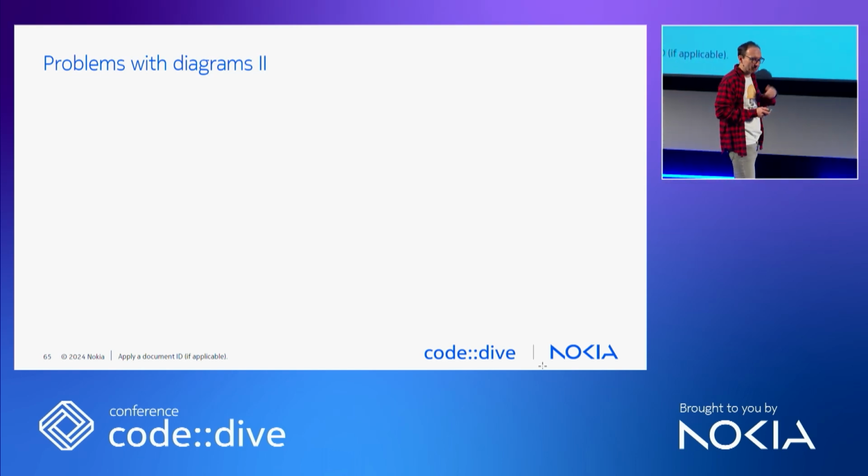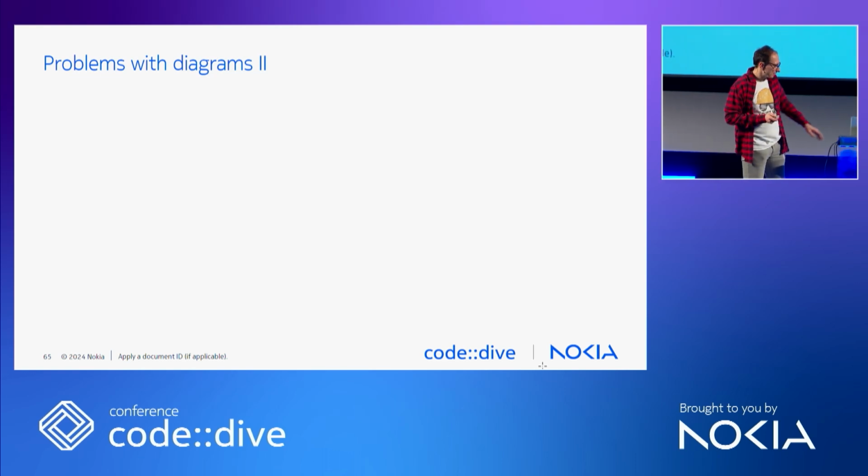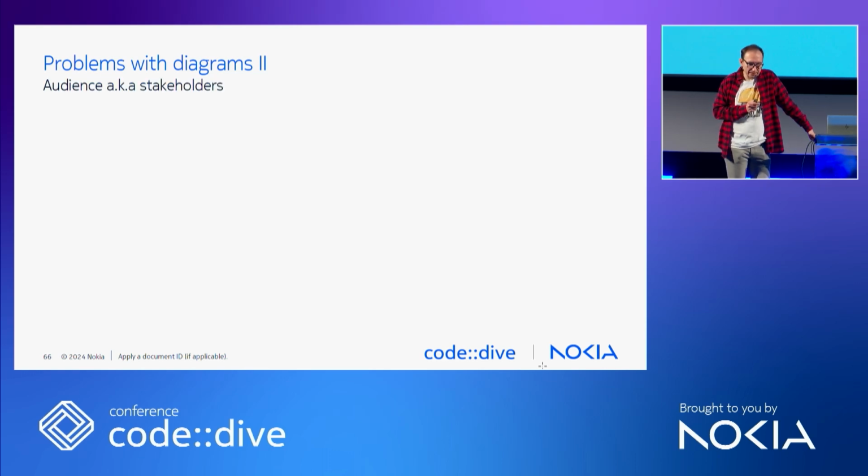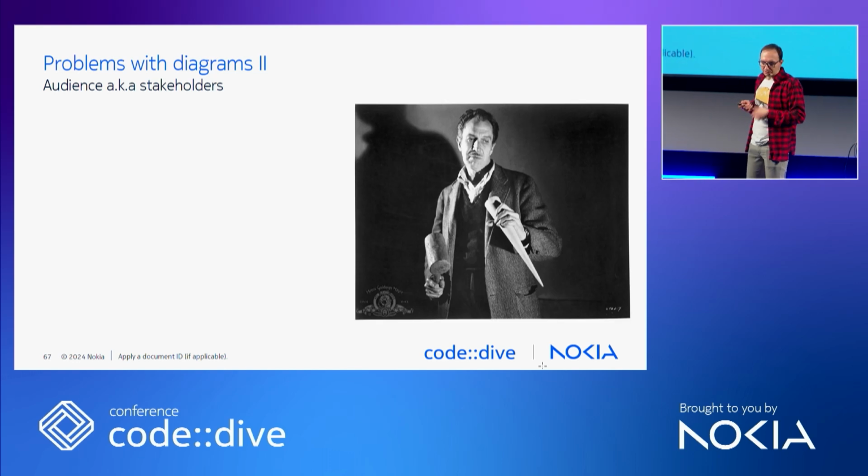Problems coming, again, from psychology, but exemplified by those informal methods. You see, this set of problems comes from people like you, the audience. We have many recipients of our diagrams, many stakeholders, people who hold stakes in our projects.